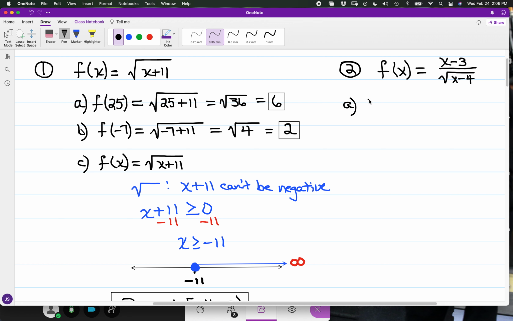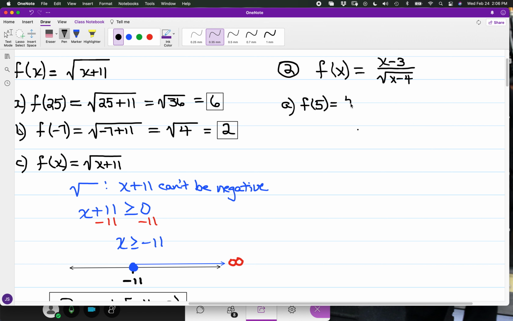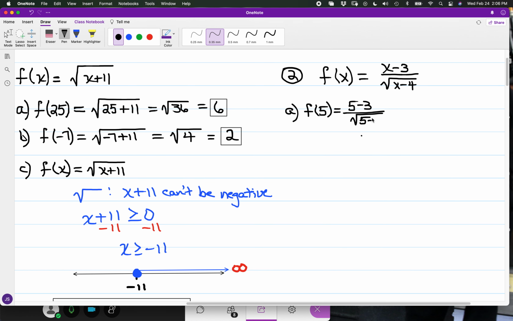So we have f of 5. We're looking at the y value whenever x is at 5 for x minus 3. So we have 5 minus 3 all over the square root of 5 minus 4. 5 minus 3 is 2, all over the square root of 1.